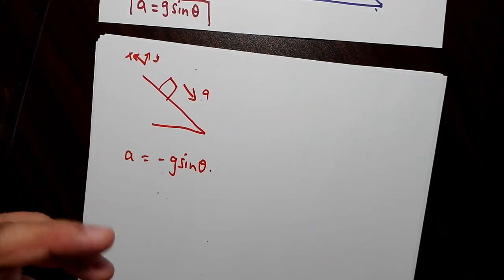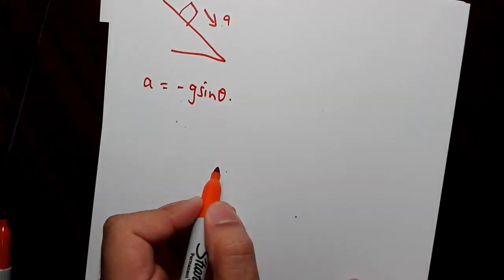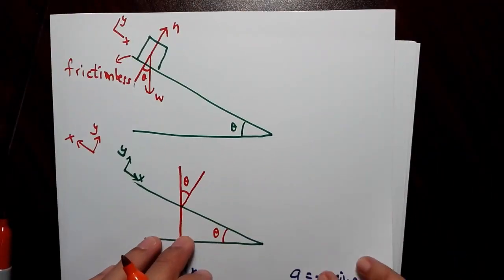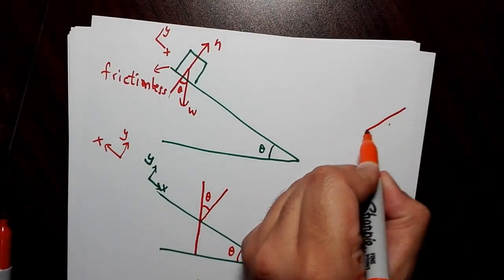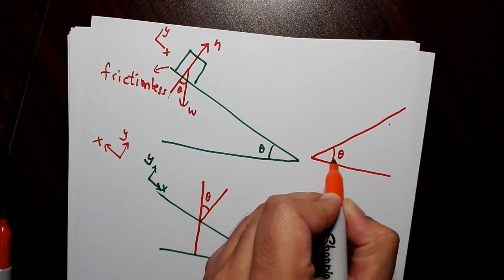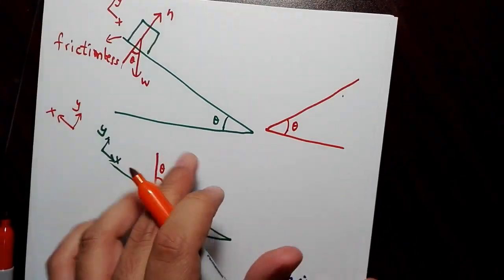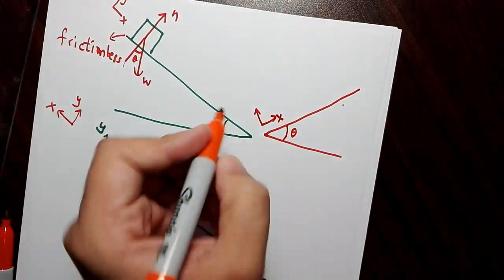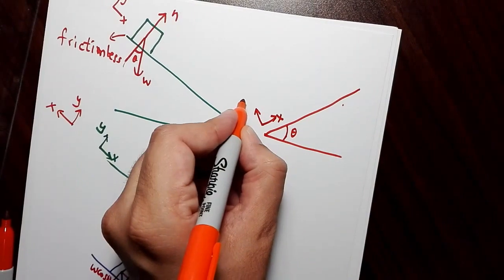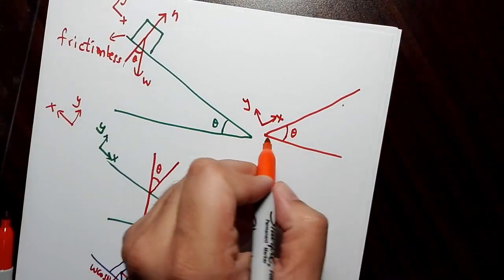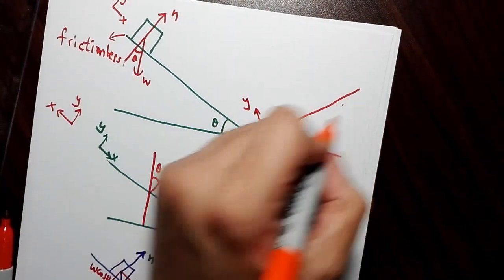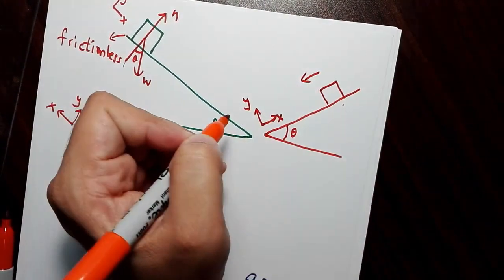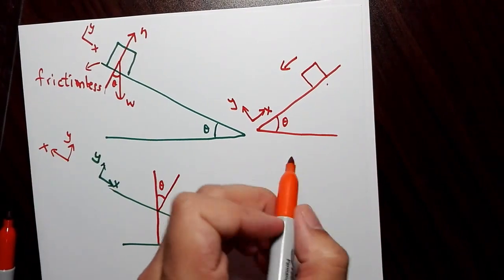Another scenario in which acceleration can be negative is when you choose your inclined plane to point in this direction. If you stick to the convention that right is positive, up is positive, which I usually do, and you make your inclined plane this way, then your acceleration will point towards the negative x-axis, and your acceleration will then be negative.